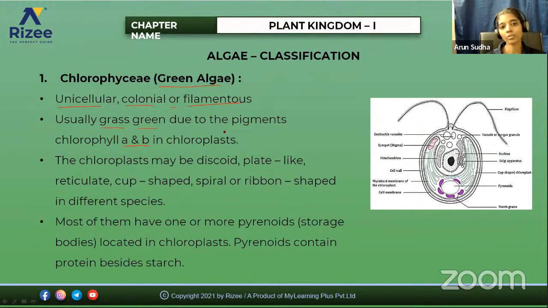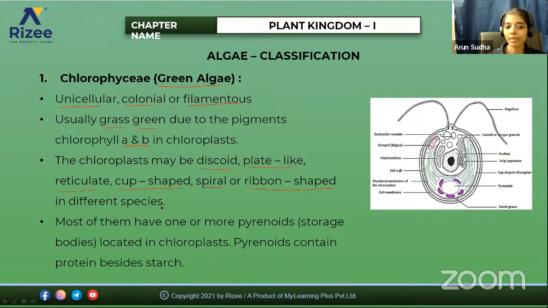So the green color is due to these pigments, and green algae are an evolved form of algae, considered to have developed into the higher plants. The chloroplast may be of different shapes, like discoid, plate-like, reticulate, cup-shaped, spiral, or ribbon-shaped in different species.